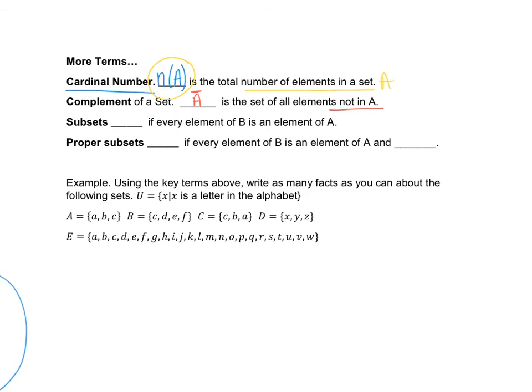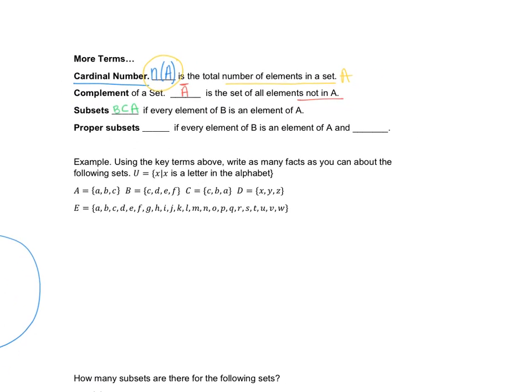The subsets, let's see what that notation would look like. If every element of B is an element of A, we would say that B is a subset of A. And so we've seen a few examples of subsets when we were doing our Venn diagram. I like to draw it with a picture to really see.